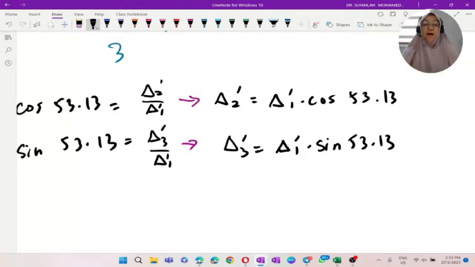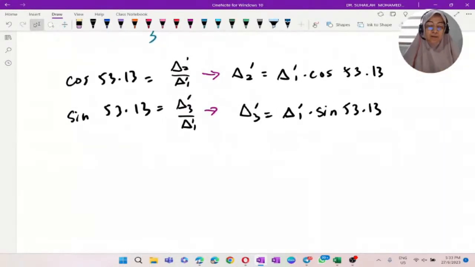In order to do that, I just want to again use the table.